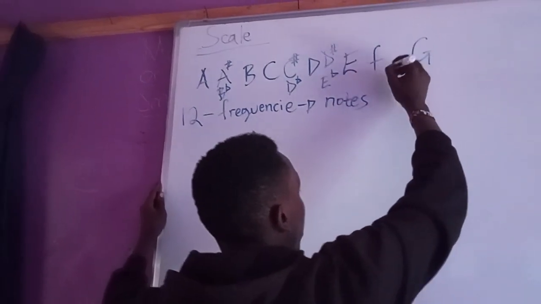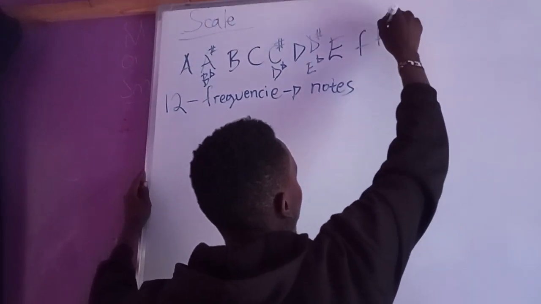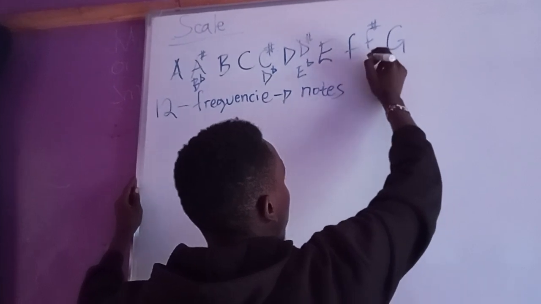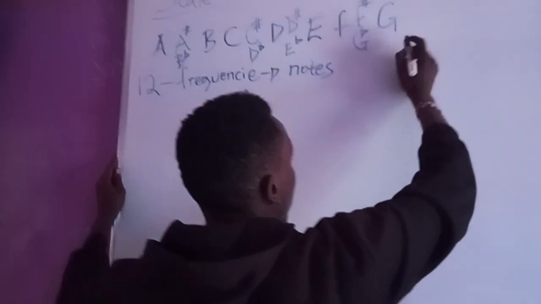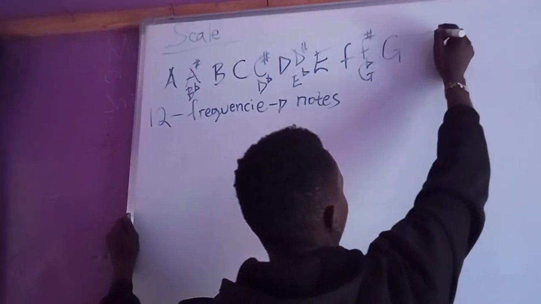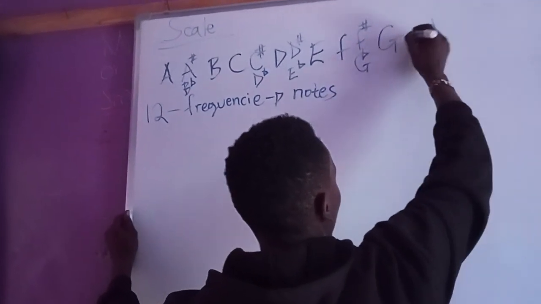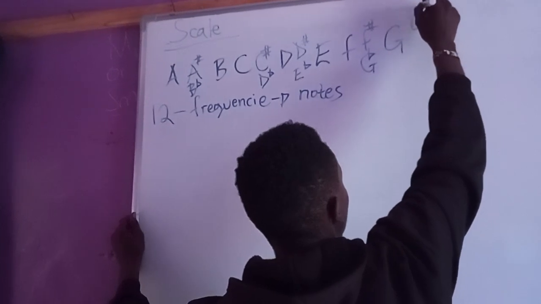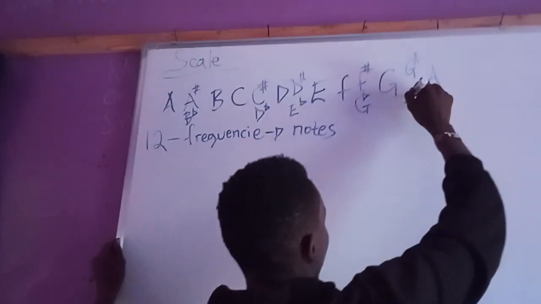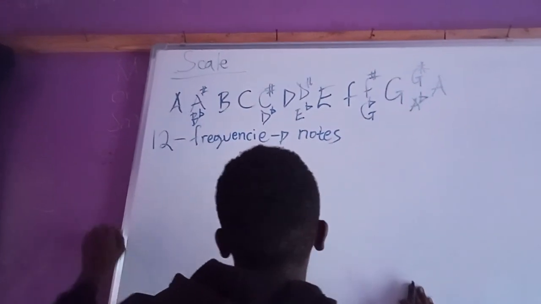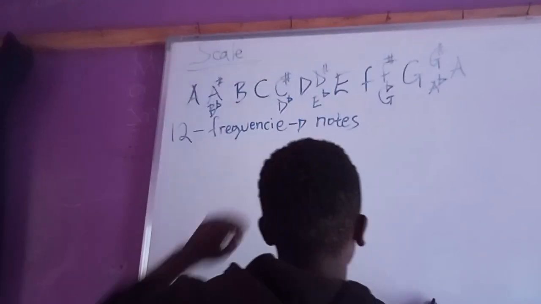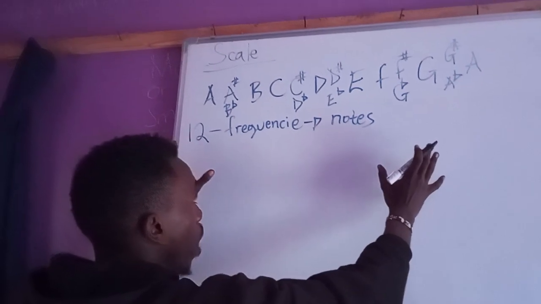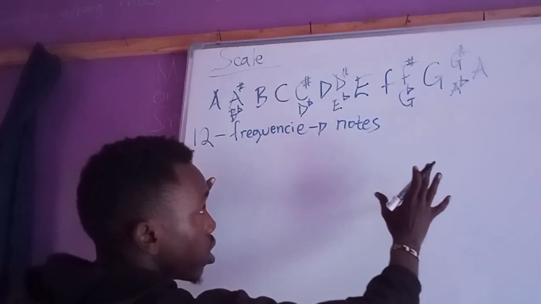Then between F and G, we have F sharp, or G flat, which is the other name. Then between G and A, once again, we have G sharp or A flat. Now we have introduced 1, 2, 3, 4, and 5, which equals a total of 12 notes.